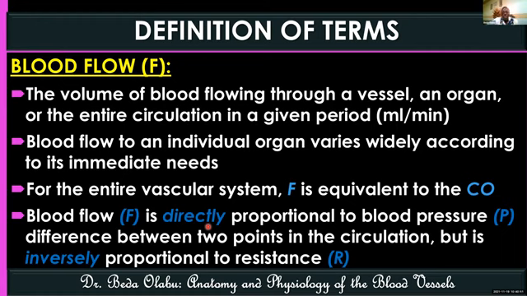So if you are to have a mathematical relationship between those 3 factors, then you can say F equals change in pressure divided by resistance. F equals change in pressure divided by resistance. So have that mathematical formula in your head. We will use it when we are going to work out the formula for blood pressure.